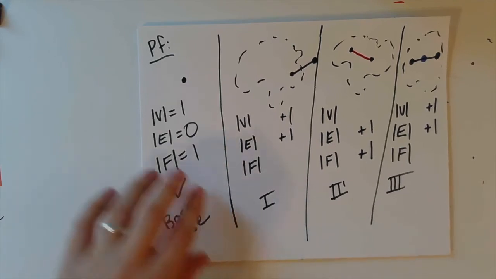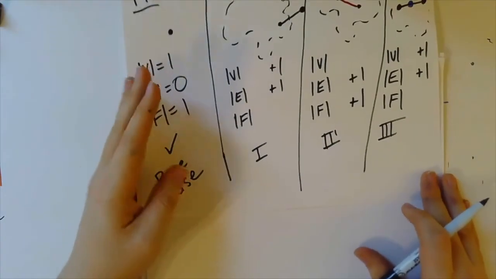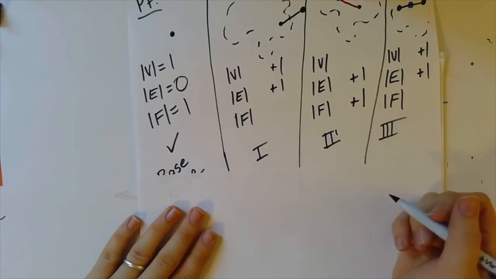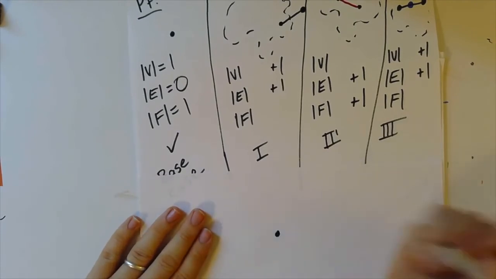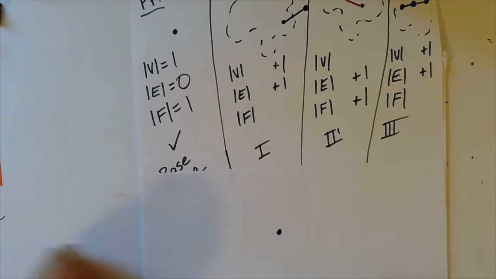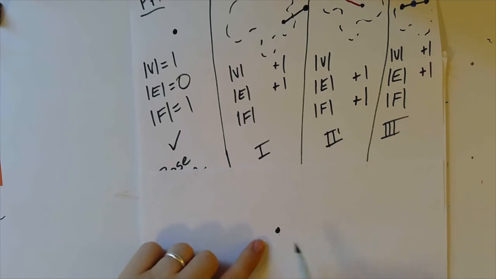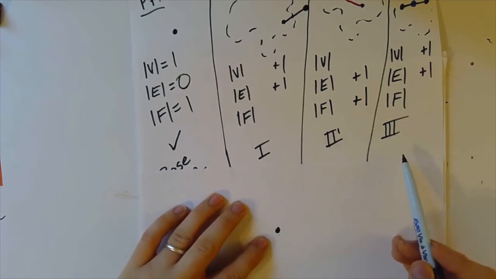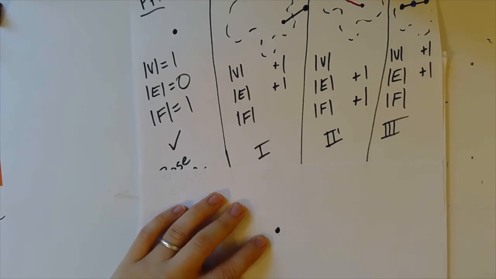So let's say here I want to get to the graph K4. So I'm going to try to make K4. Okay, so I'm starting here. I know Euler's theorem is true for this graph, because it has one face and one edge. And now if I convince you that I can make these 3 steps in some order to make a K4, then I will be done.